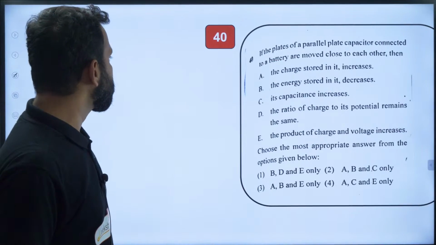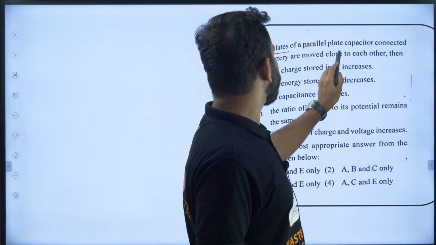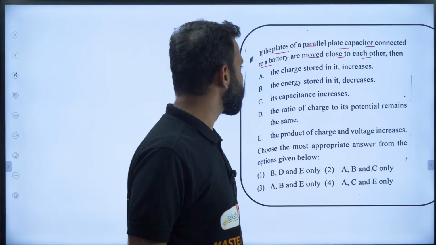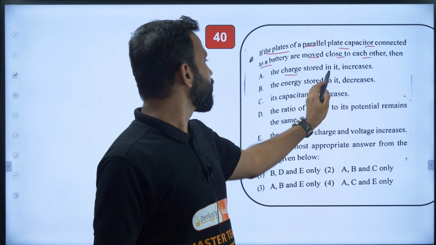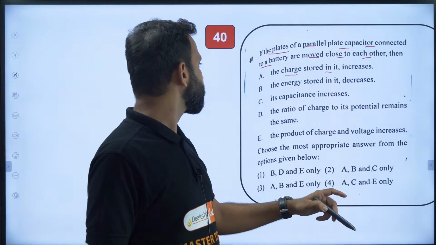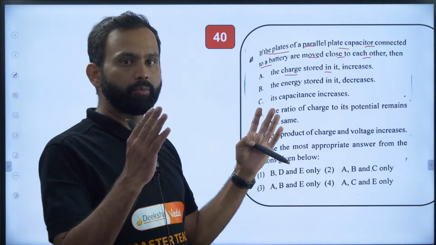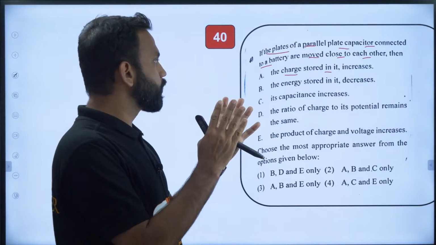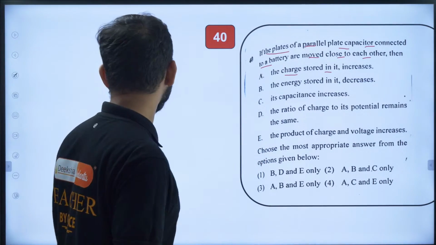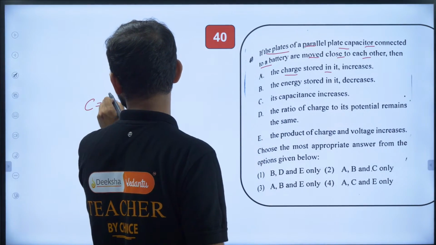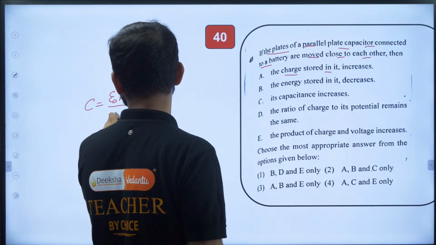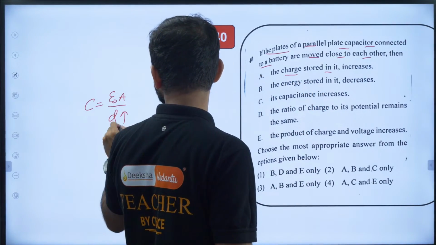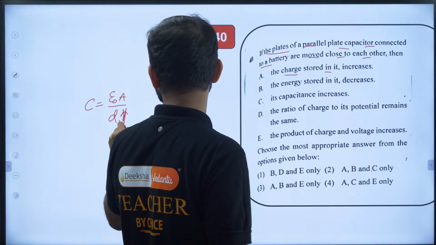Question number 40. If the plates of a parallel plate capacitor connected to a battery are moved close to each other, then the charge stored in it increases. Correct, because capacitance C is equal to epsilon naught A divided by D. If the two plates move close to each other, D will decrease.